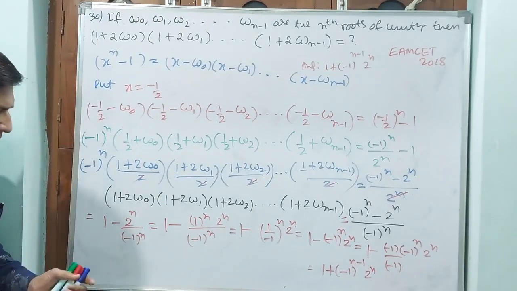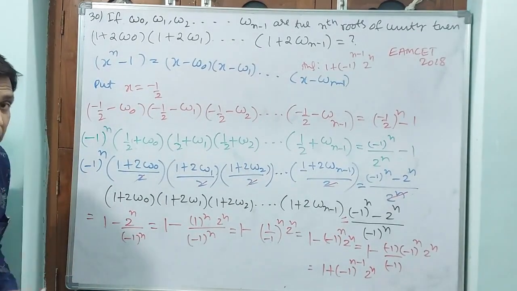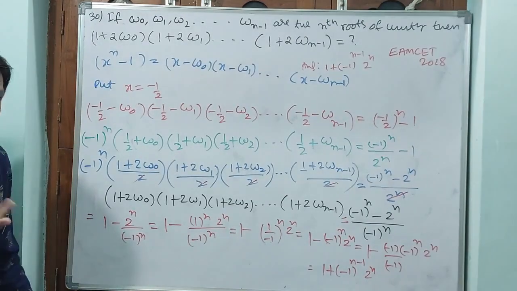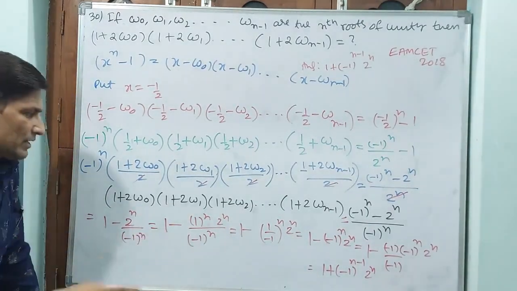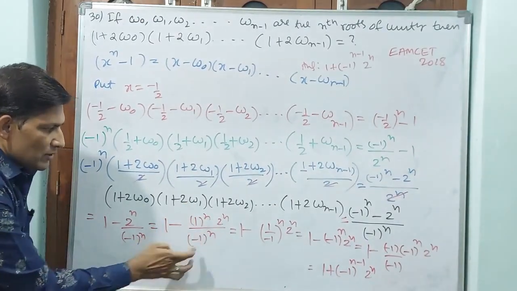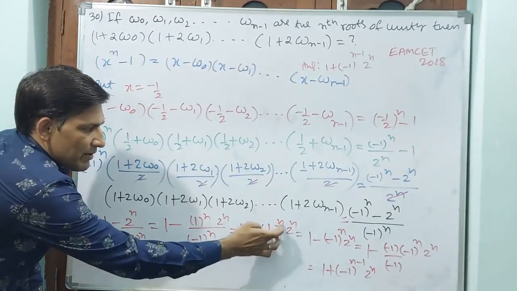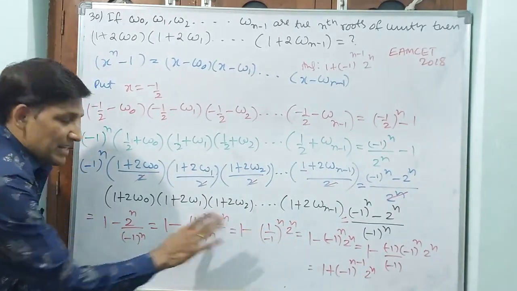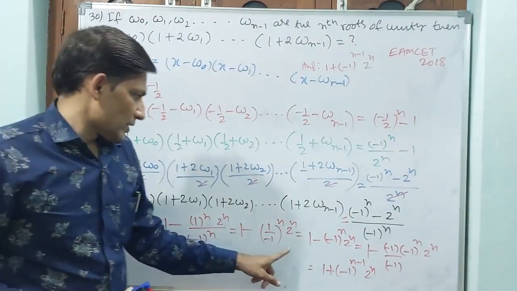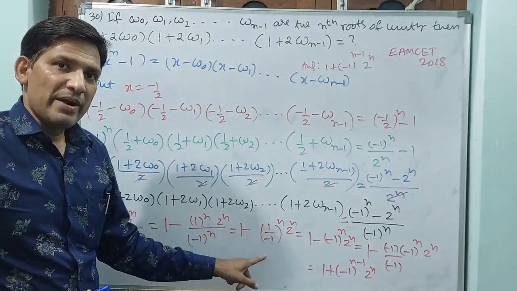Minus 1 power n may not be 1. Why? Because 1 power n is 1 only. 1 power n divided by minus 1 power n is like this one. See, both powers are same. That is why 1 by minus 1 power n I have made like this. This minus is still there. 1 minus. Now this minus I have sent to the top. 1 by minus 1 is minus 1.